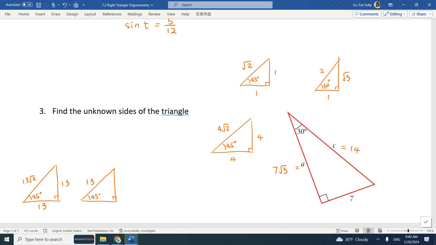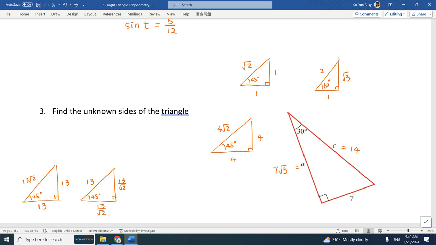You see from here to here, you multiply by square root of 2. Then from here to here, what do you do? Divide. Exactly. We divide by square root of 2. Therefore, you get 13 over square root of 2. And this is also 13 over square root of 2. Everybody know that trick? The ratio 1, 1, square root of 2. But if you get this first, you're going to divide by square root of 2.